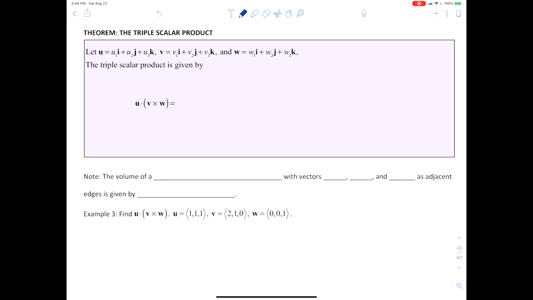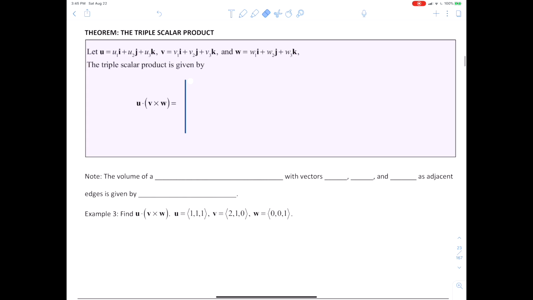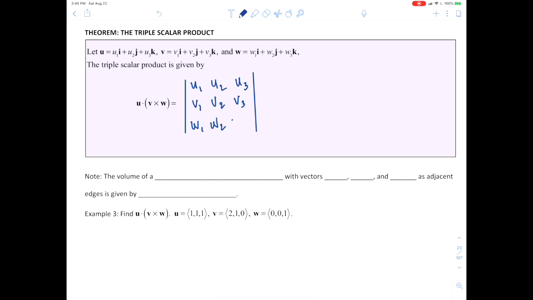So if U is equal to U1i plus U2j plus U3k, and V is V1i plus V2j plus V3k, and W is W1i plus W2j plus W3k, the triple scalar product is given by U dot V cross W. So that's going to end up being equal to the determinant of U1, U2, U3, V1, V2, V3, and W1, W2, W3.